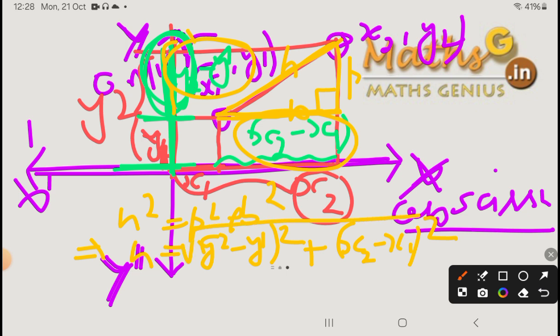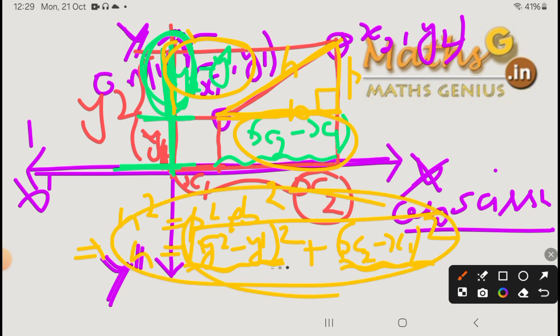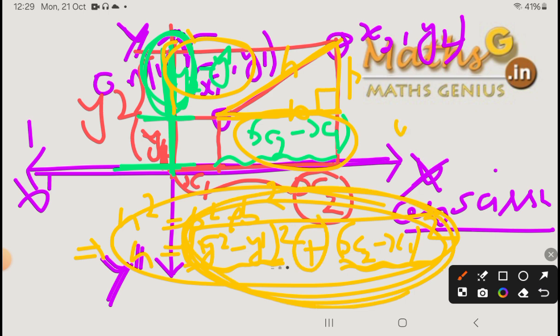The square root of (x2 minus x1) square plus (y2 minus y1) square, or (y2 minus y1) square plus (x2 minus x1) square, whatever order you may follow. This is an unordered pair. These two operands in the arithmetic operation plus over here are unordered, meaning any way you can write. Now you can easily understand.